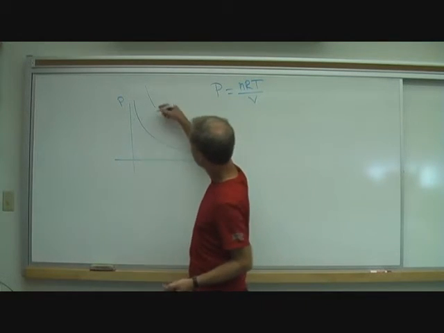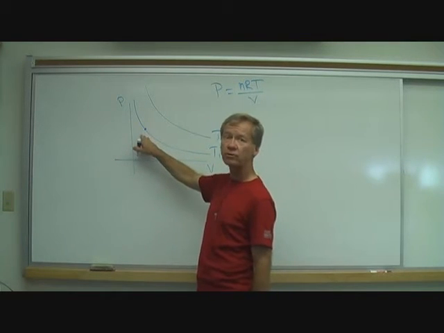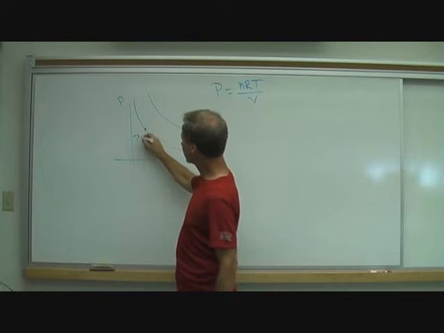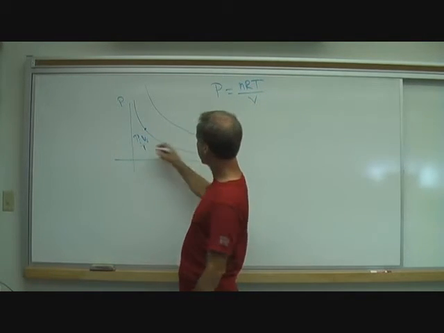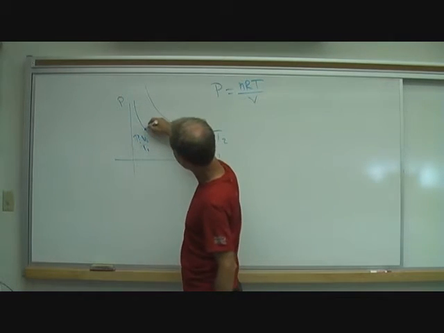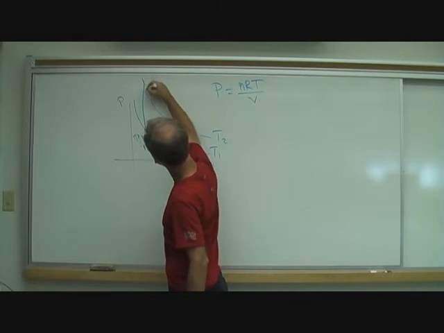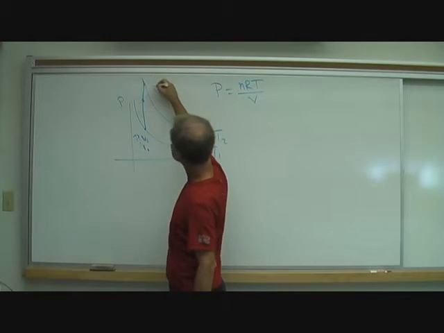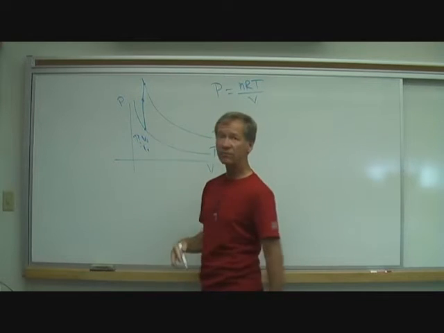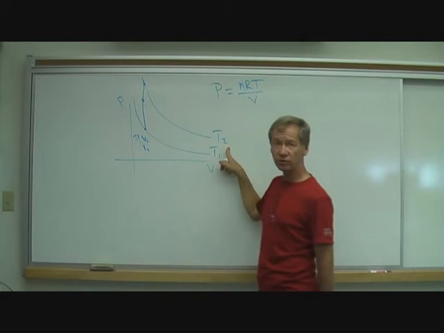So we have this possibility. We could start off at this initial spot, some initial pressure, some initial volume, and some initial temperature, which is T1, and we could do an isochoric process, constant volume. It would take us up here to some final spot at our new temperature.